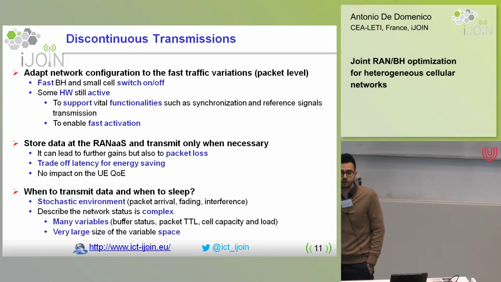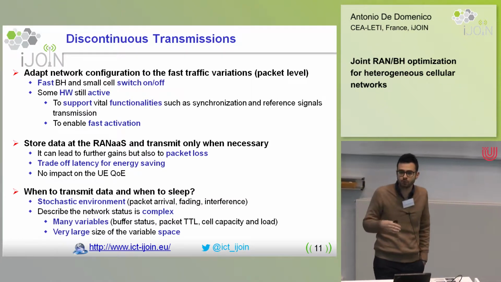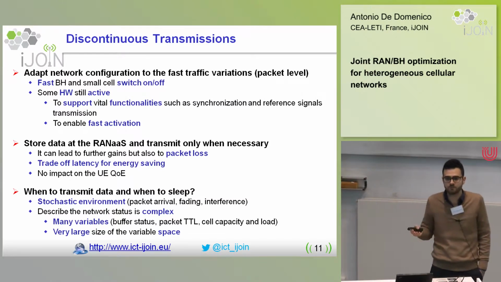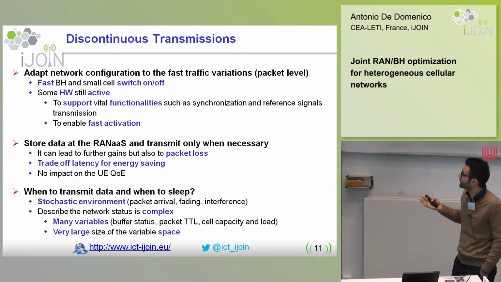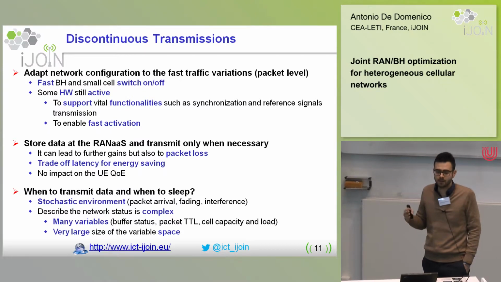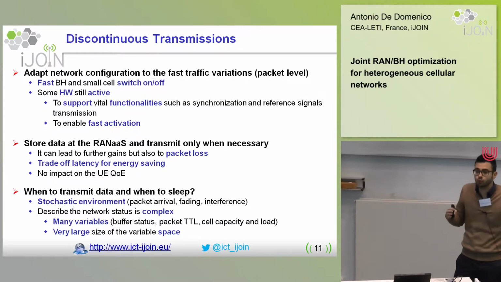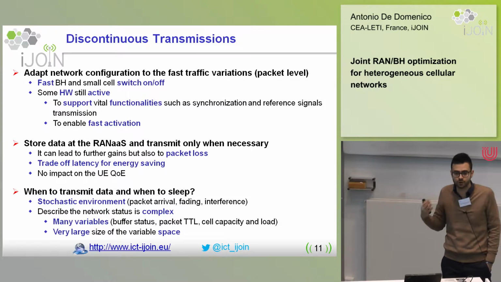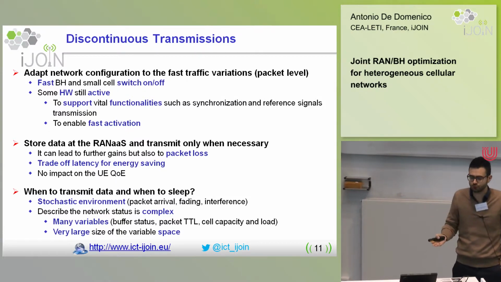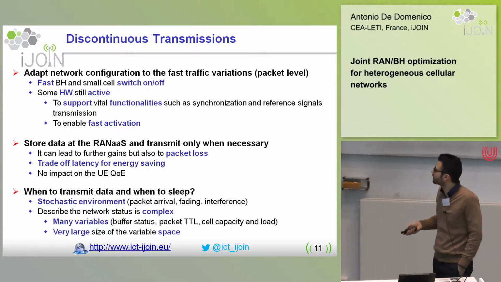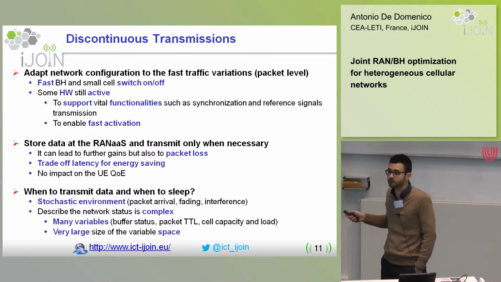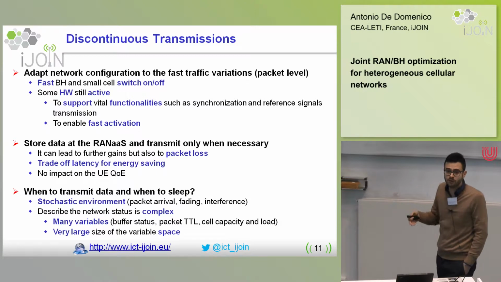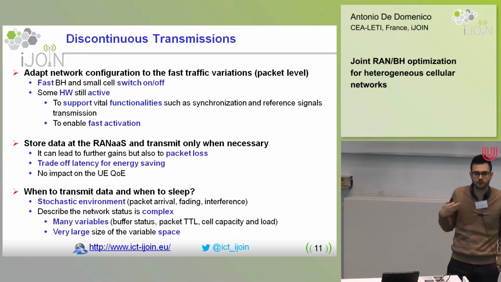The important point is to minimize the energy consumption while avoiding quality of experience losses at the end user. So the idea was to have a strategy that permits the operator to decide when to transmit data and when to continue to sleep. Finding this strategy is quite complex because the environment in which the network is working is stochastic.